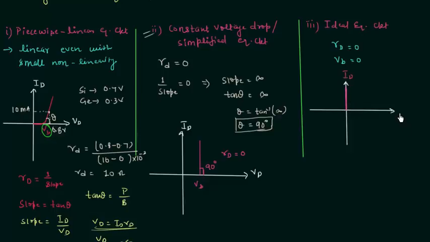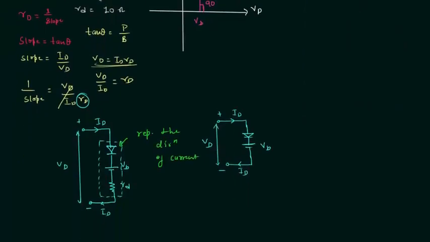This is ID and this is VD. Barrier potential VB is equal to 0, and as the slope is equal to infinity, the resistance of the diode is also equal to 0. And if we make the equivalent circuit, then it will look something like this. There is only ideal diode, barrier potential is equal to 0 and the diode resistance is also equal to 0. So there is only ideal diode, current through the diode is ID.